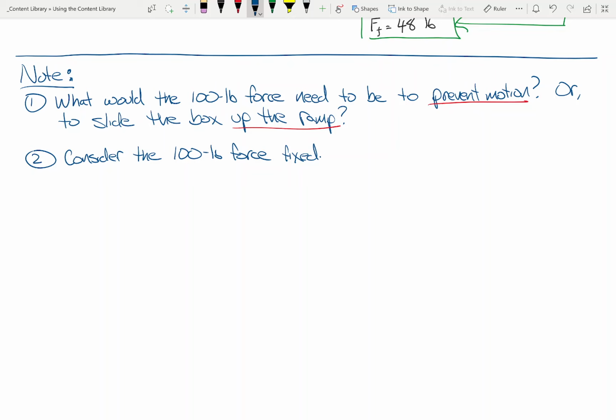Don't change the 100 pounds. What would theta need to be to prevent motion?